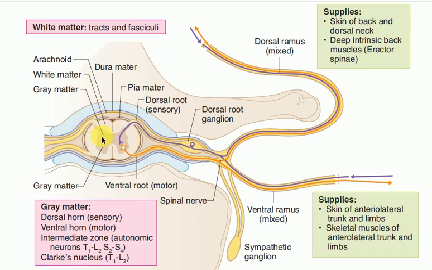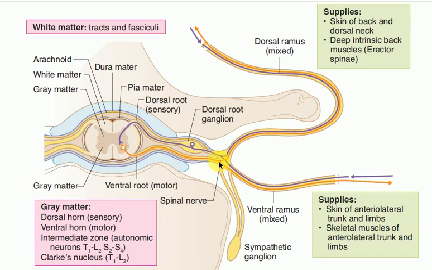This is the white matter, this is the gray matter, and there are 31 pairs of spinal nerves, and each spinal nerve is a mixed nerve, in the sense that it contains both sensory as well as motor fibers.